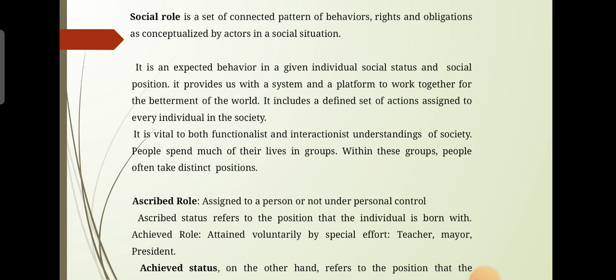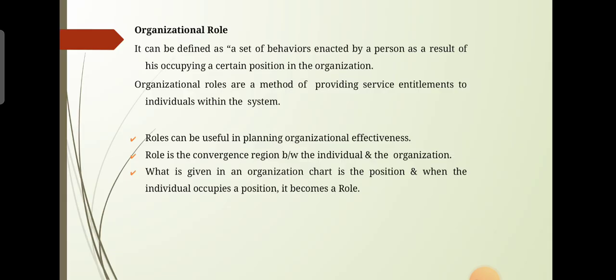And ascribed role is nothing but assigned to a person, not under personal control. So it usually refers to the position that an individual is born with. Achieved role is nothing but attained voluntarily by special effort, right? Like based on your education or your effort, whatever position you have, that is called your achieved role. And the next thing is organizational role.